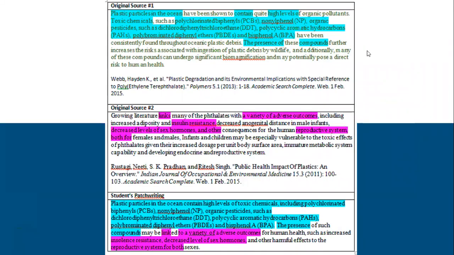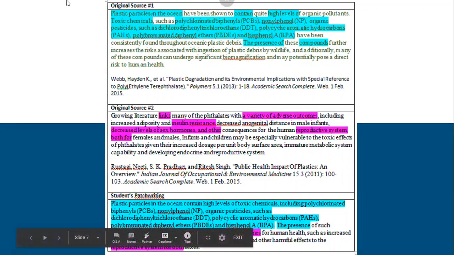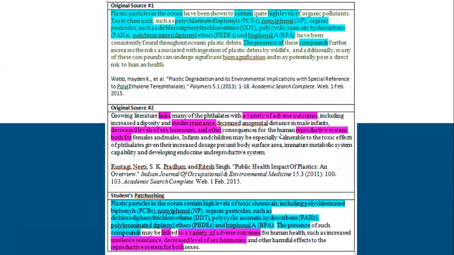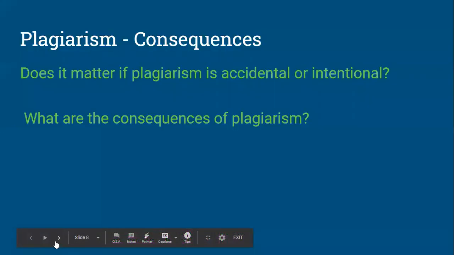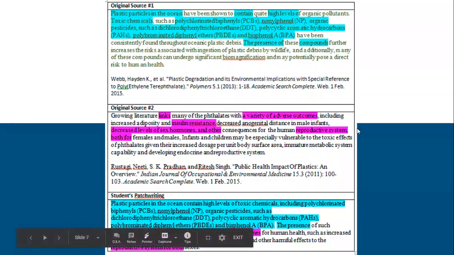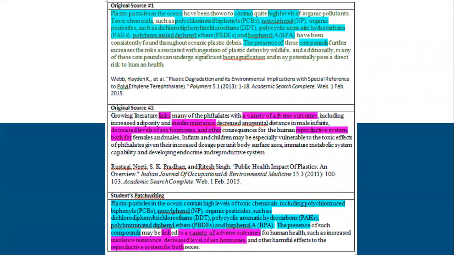I'm not going to go into detail in this one, but it's kind of the same. It's called patch writing, and it's basically patching two sources together the same way that you've done the first bad paraphrase. And that brings me to another topic, which is we don't want too much of our writing to be made up of outside sources. You can cite your paper perfectly all the way through, right?